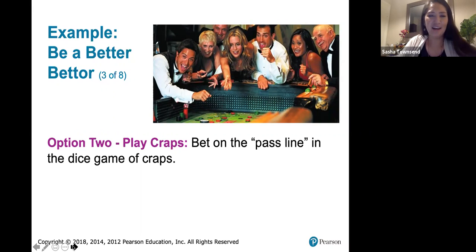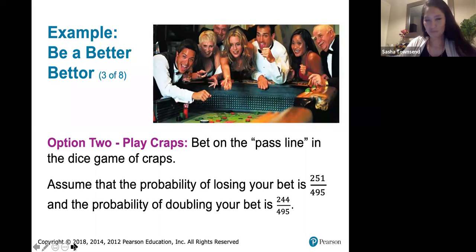So instead of teaching everyone how to play craps, and teaching myself, I've just listed the probability of winning and the probability of losing right here. The probability of losing is 251 out of 495 when you're betting on the pass line, and the probability of doubling your bet is 244 out of 495. So the probability of winning is slightly less than the probability of losing.